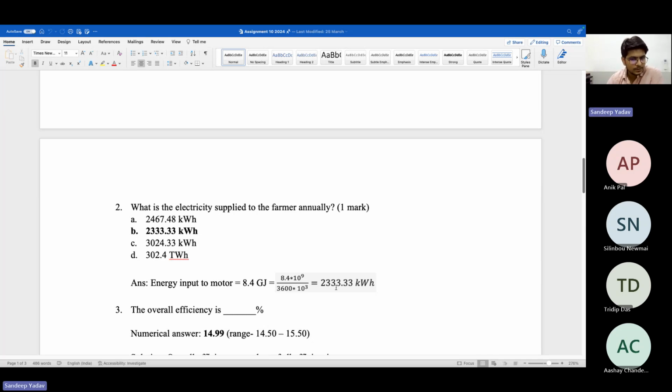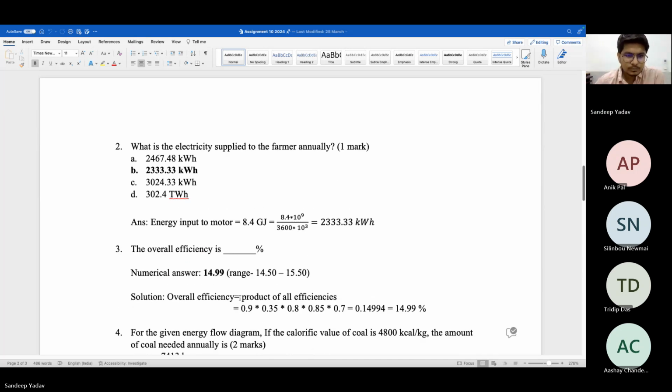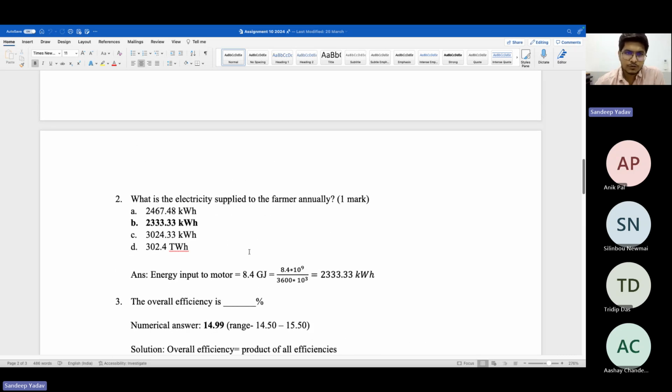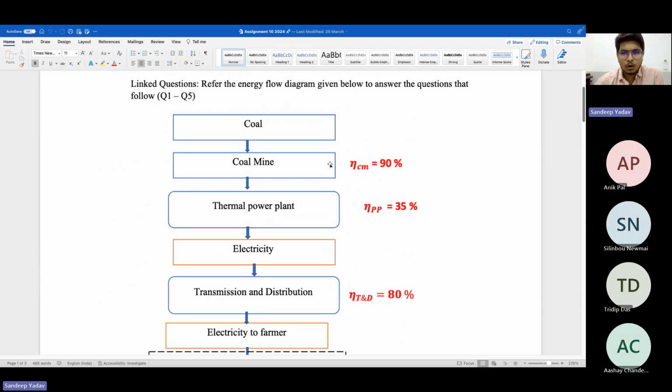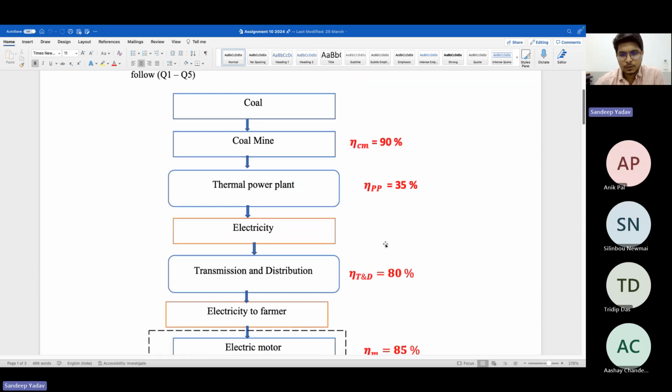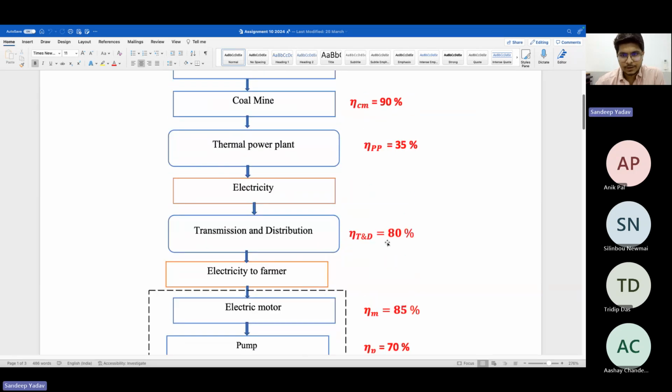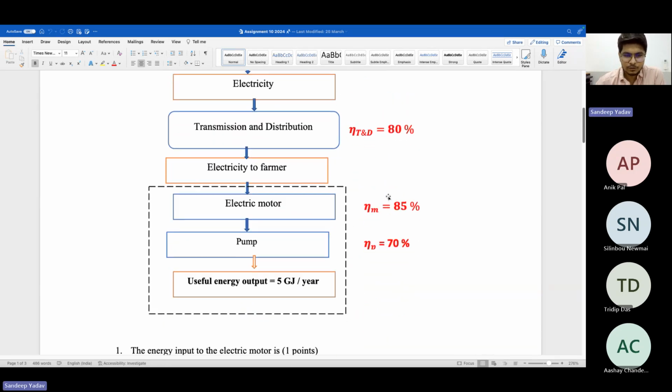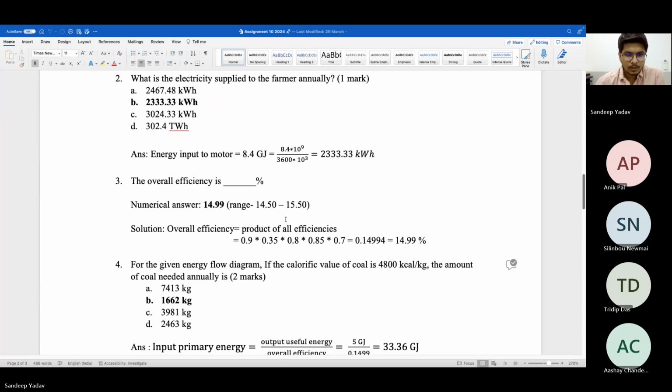I hope it is also clear. You can ask. Now, question number 3 says the overall efficiency of the pump. So for the overall efficiency, we need to multiply all these efficiencies and we can calculate it. So the overall efficiency will be 0.9 into 0.35 into 0.8 into 0.85 into 0.70.